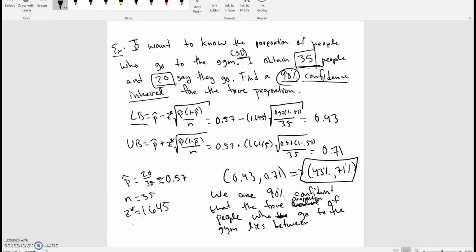Well, it's going to be between the numbers that I got, 43% and 71%. So those are the two values. So this is our interpretation.